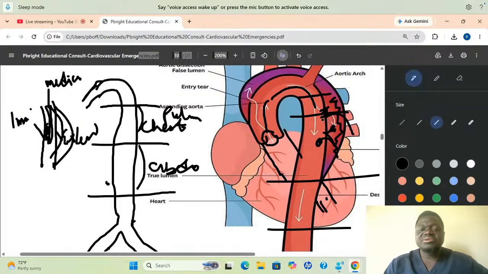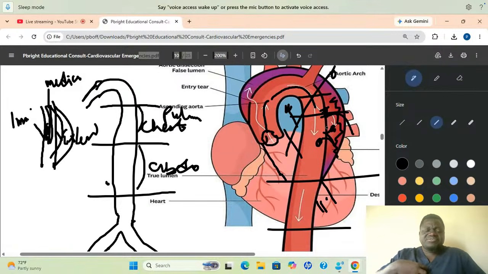Sometimes it triggers the phrenic nerve, and it will radiate to your shoulder or your back. So if it's in your chest, tearing pain radiating to the back or the shoulder. If it happens in the abdomen, tearing pain radiating to the back, and sometimes to the shoulder.